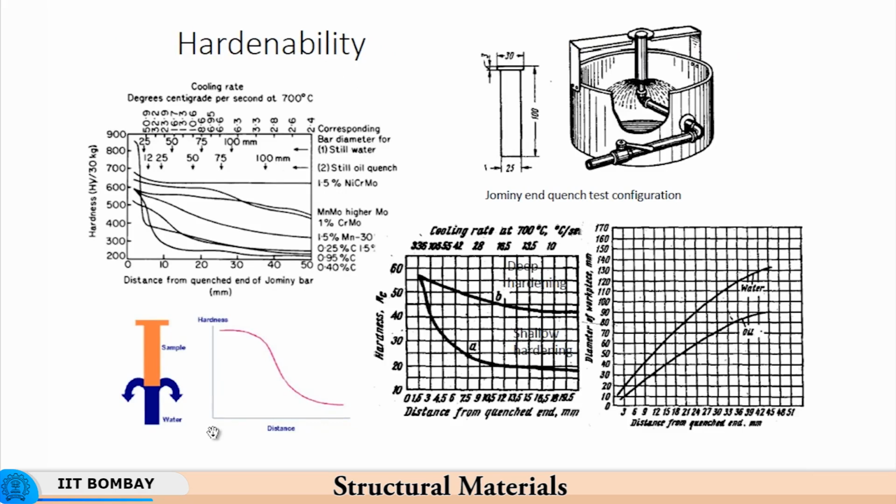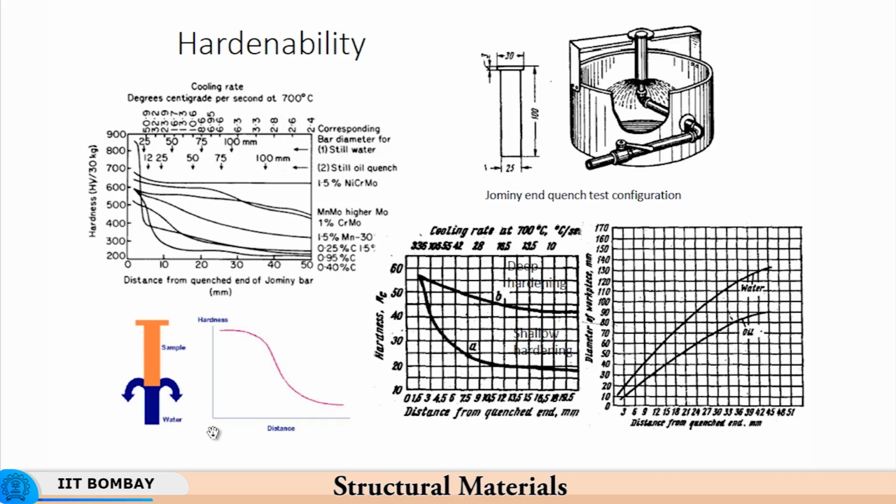If you look at the distance from the quenched end of a Jominy bar in millimeters, you have a hardness increase. If you were to quench with water, or with oil, or with something else, you will have different hardness distributions. As we saw in the previous slide, the cooling rate would be maximum with sodium chloride mixed with water.